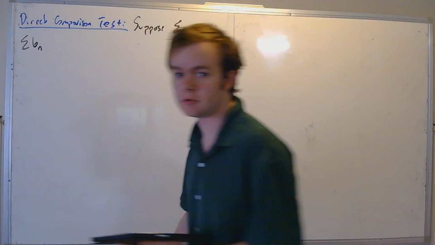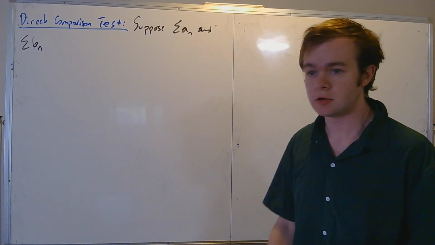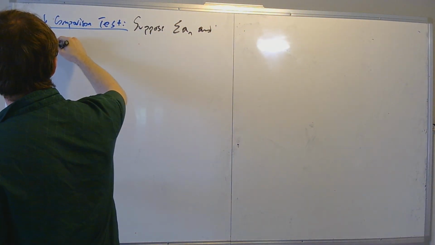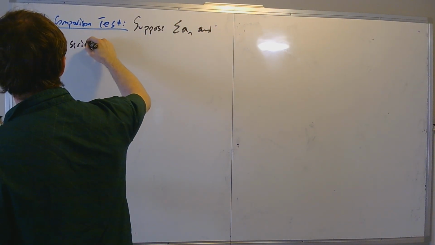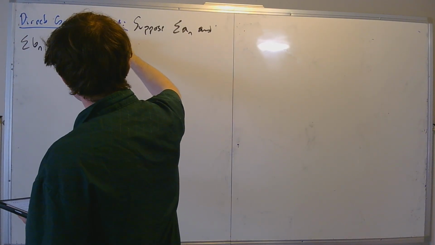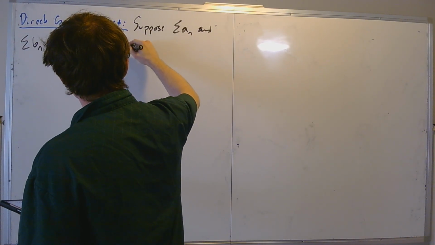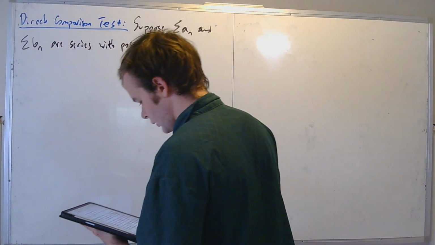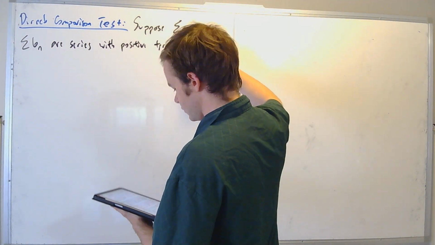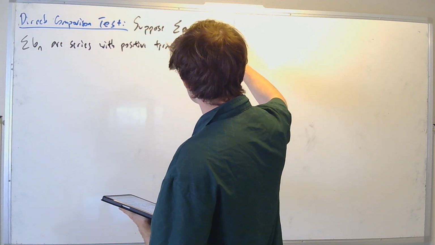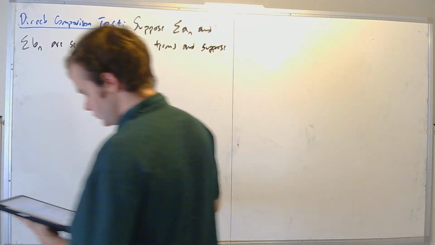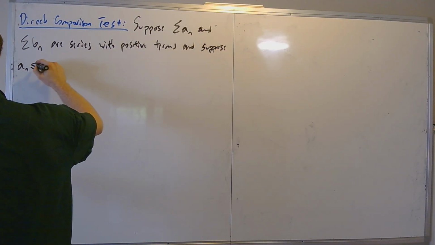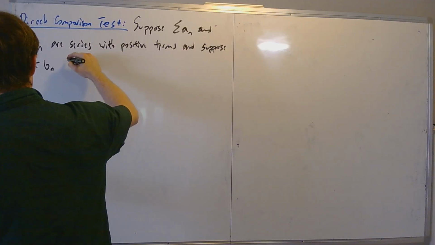So we're taking two sequences a and b. We're adding together all of their entries, so the sum of an and the sum of bn are series with positive terms, and suppose an is less than or equal to bn for all n.